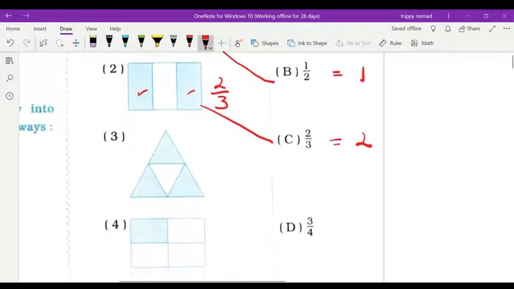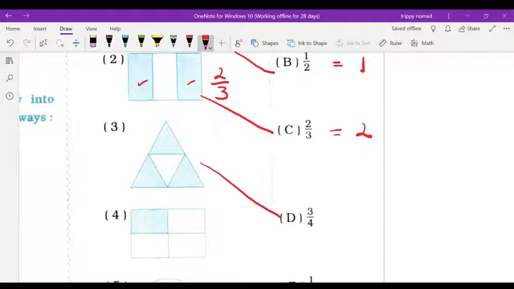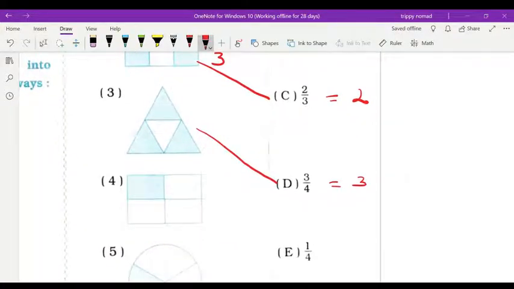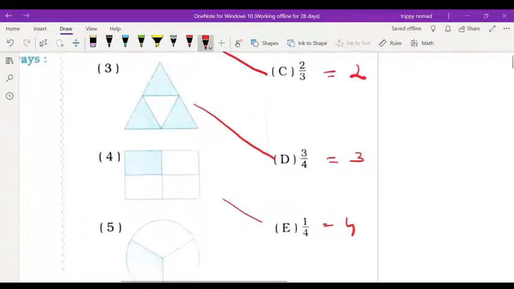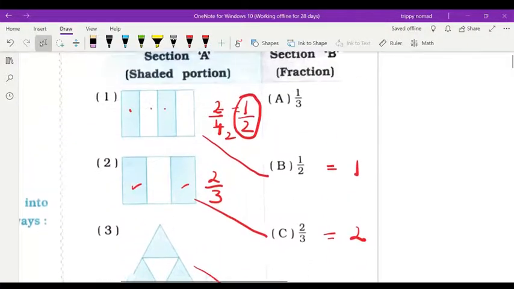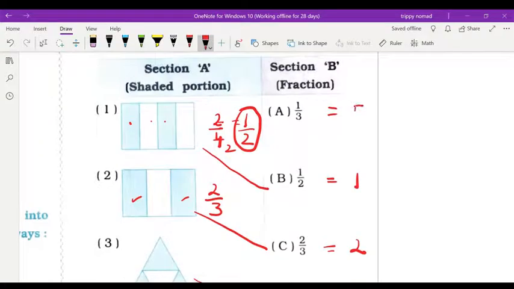Out of 4 the 1 is shaded, 1 by 4. Is it written? This one, that means number 4. And out of 1, 2, 3, one part is shaded, that is A, and number 5. I hope you understood this.